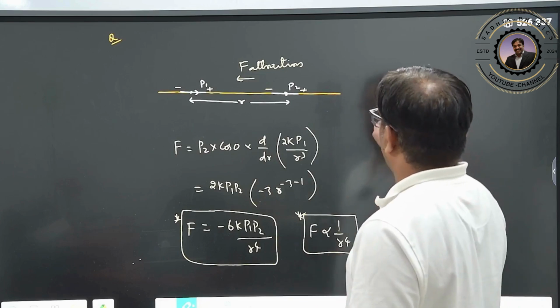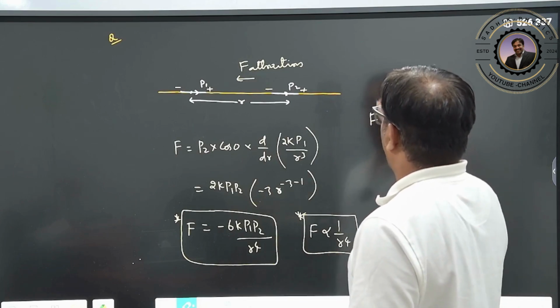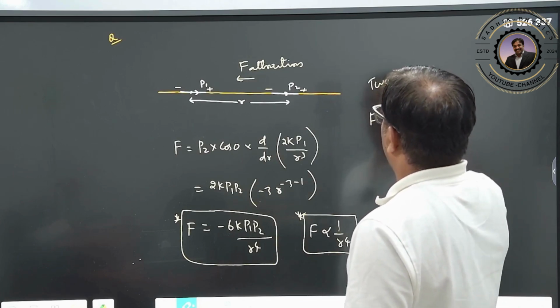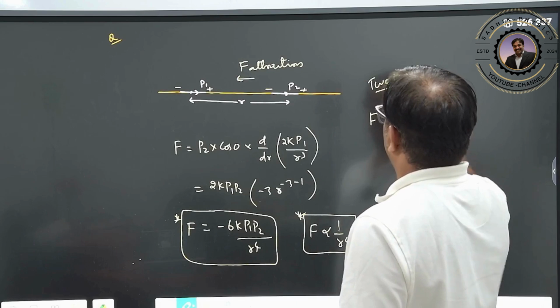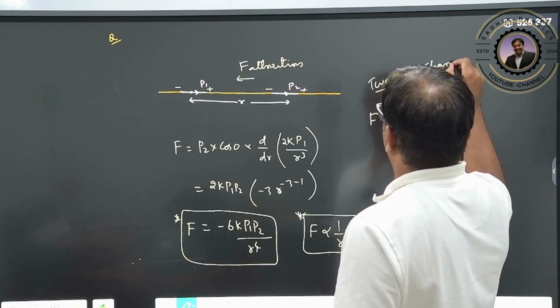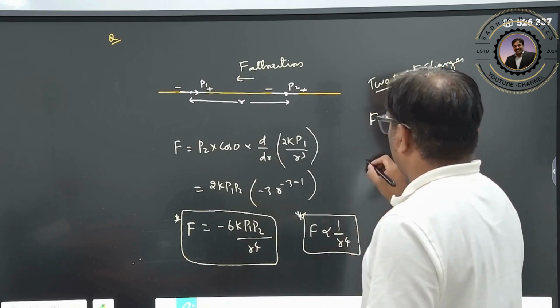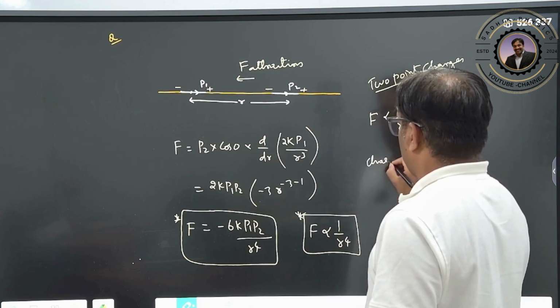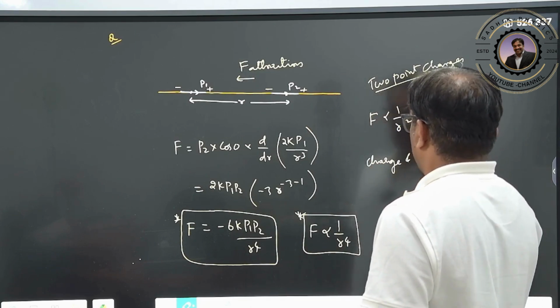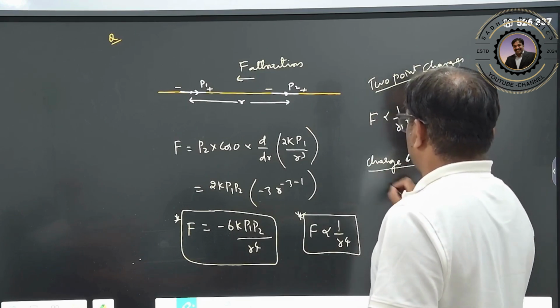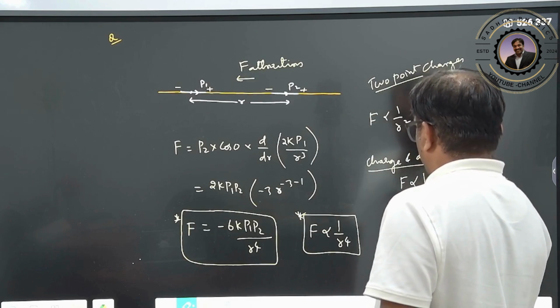Now, force between two point charges is how much? Force between charges is inversely proportional to the square of the distance. Here charge and dipole we'll do now, okay. It is inversely proportional to the cube of the distance.